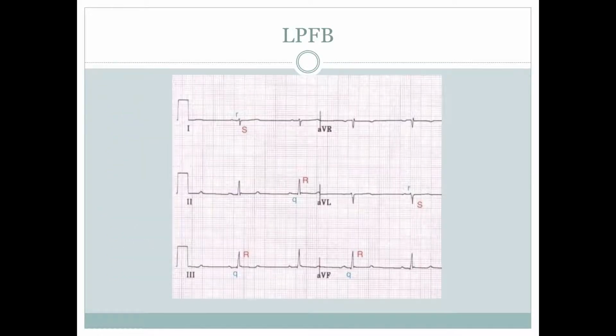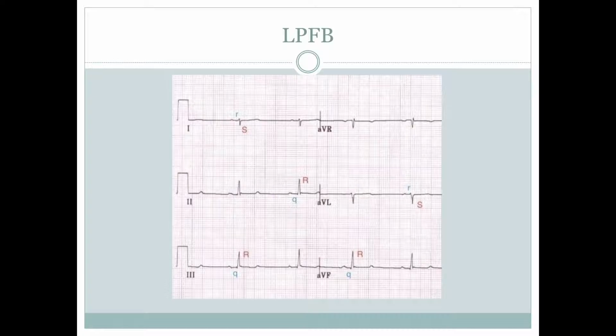So moving on to a left posterior fascicular block, this is basically when that other fascicle, the posterior fascicle, gets blocked as opposed to the anterior fascicle. Remember I said there were two fascicles that split and conduct electricity to the left ventricle. So this is basically the opposite.